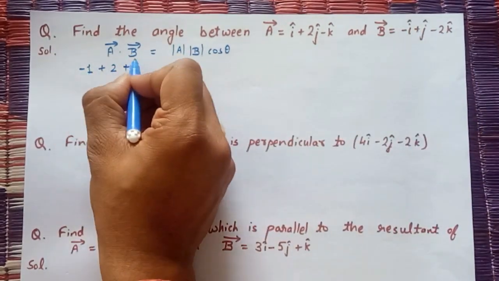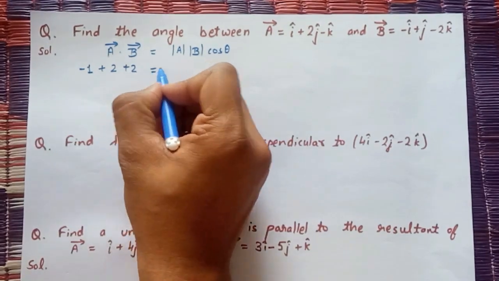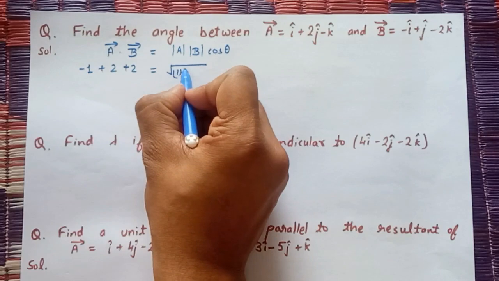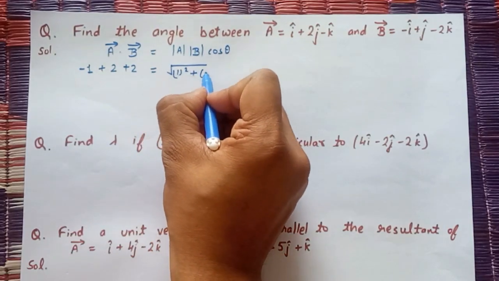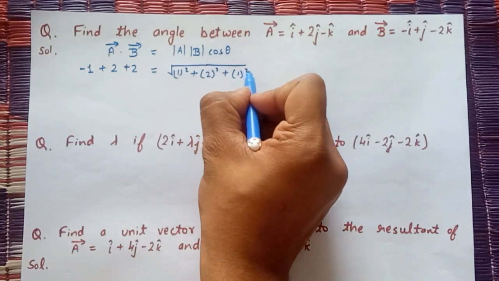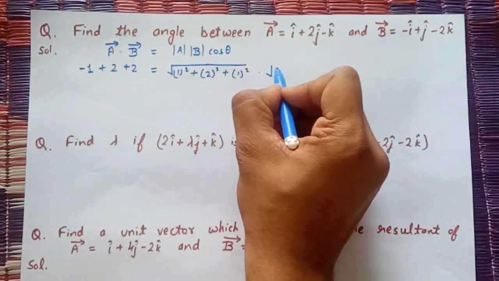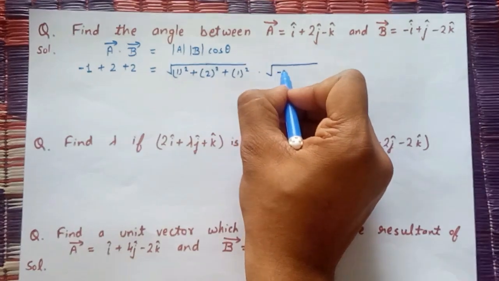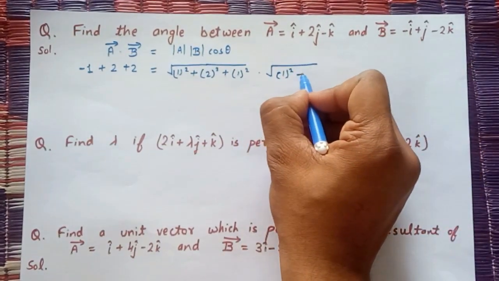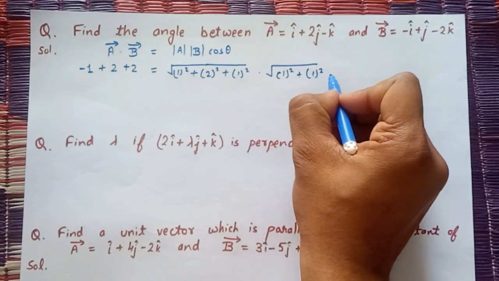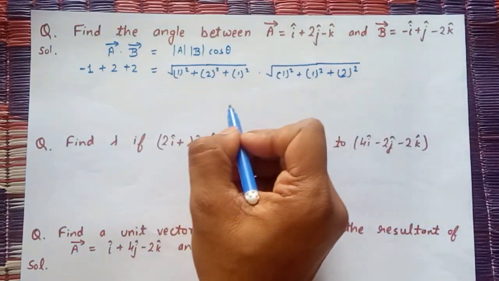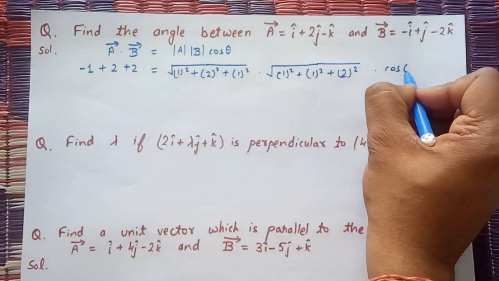So this is the dot product of these two vectors, and then modulus of a will be root of 1 square plus 2 square plus 1 square, multiplied by modulus of b, which is root of minus 1 square, or I can say 1 square plus again 1 square plus 2 square, multiplied by cos theta.